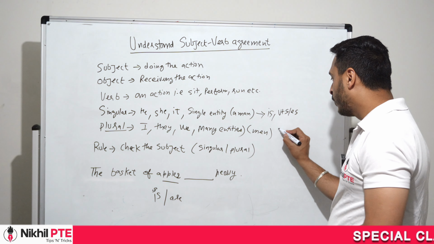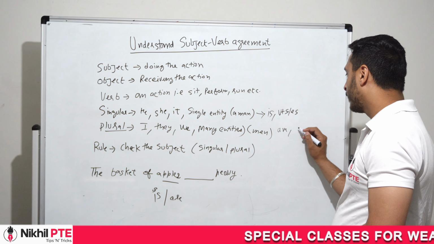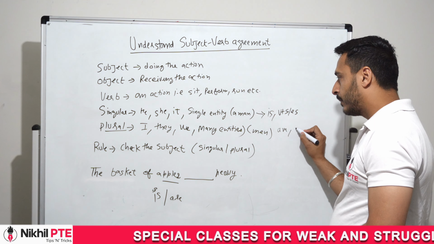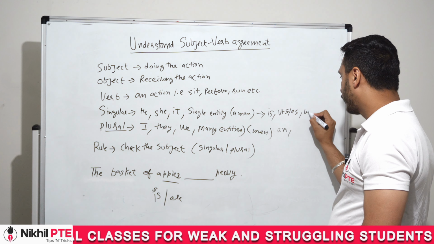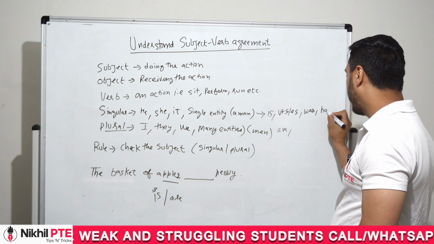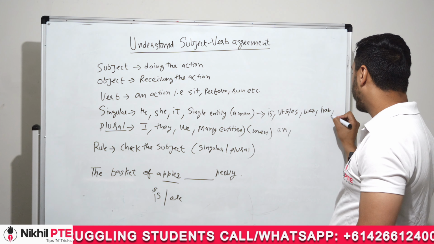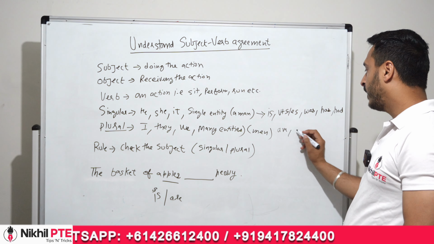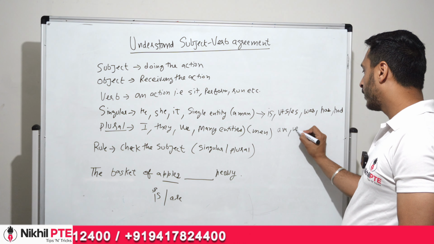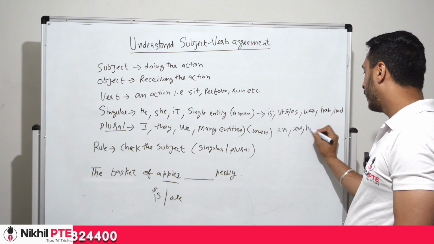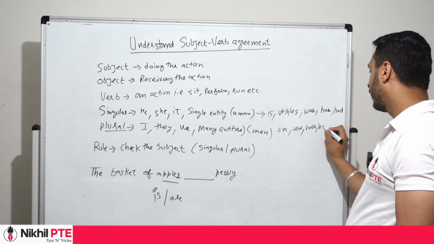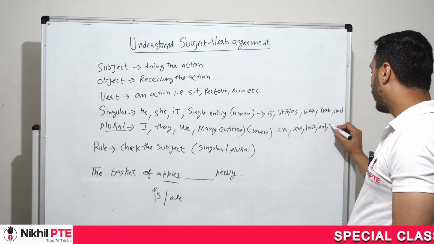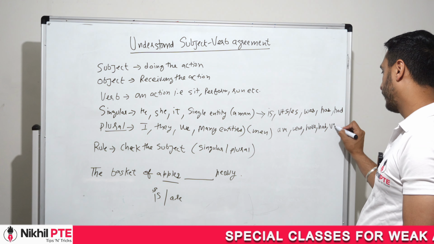In plural, we can use am, are, were, have, had, or the first form of the verb only.